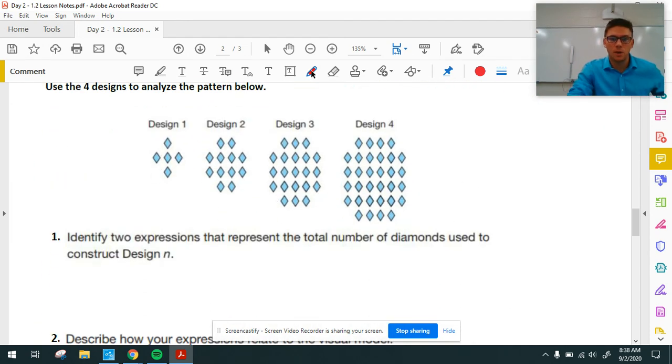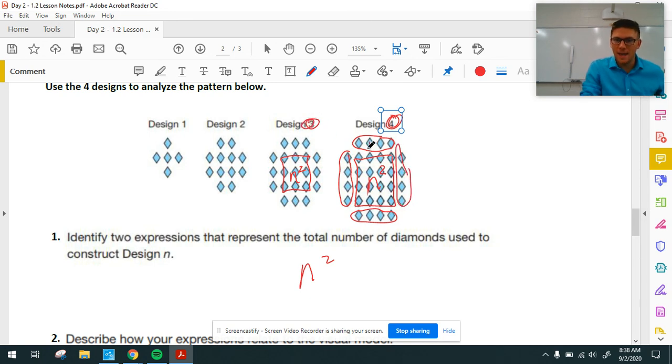And the last one, I'll be quick on this, and hopefully you guys were good with this one. Design 4, notice there is a 4 by 4. Design 3, there is a 3 by 3. What does that mean? N squared. What do we have here? Design 4 has 1 set of 4, 2 sets of 4, 3 sets of 4, 4 sets of 4.